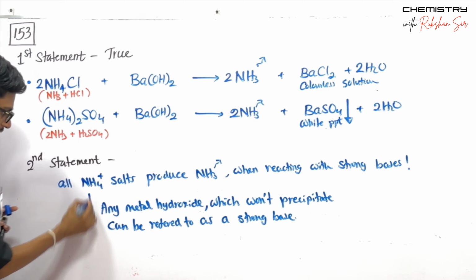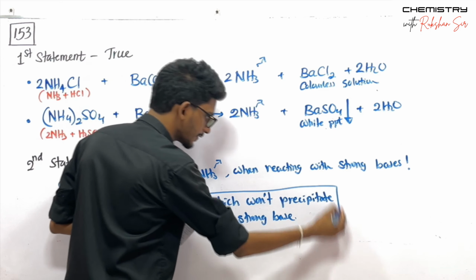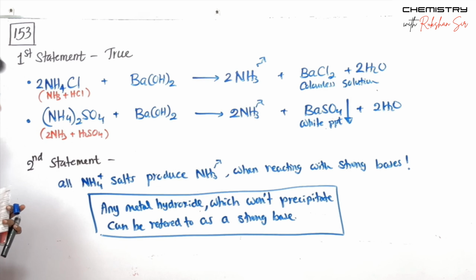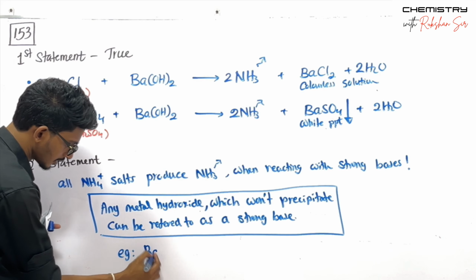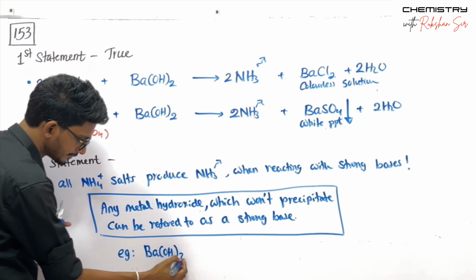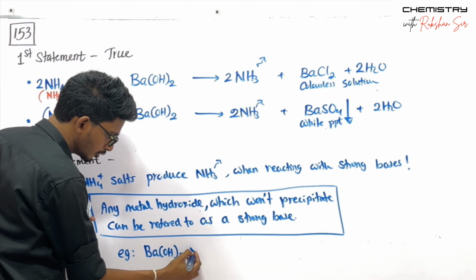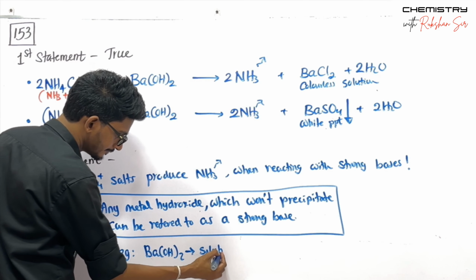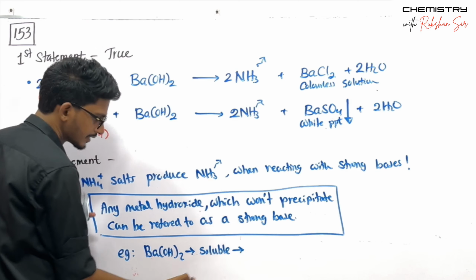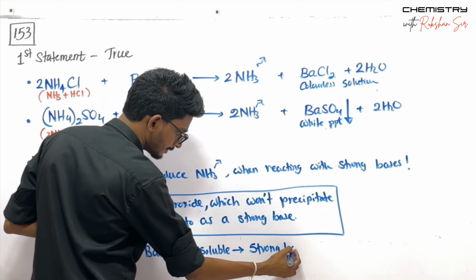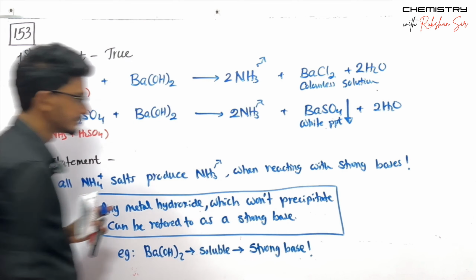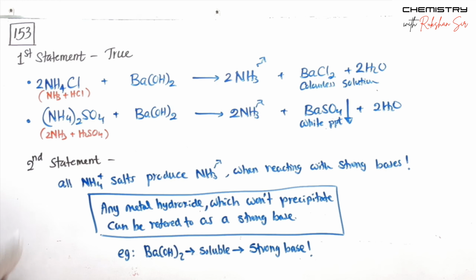So barium hydroxide is a strong base. For example, barium hydroxide is soluble, that means strong base, right? So ammonium salts with strong bases produce ammonia. Yes, the statement is true.